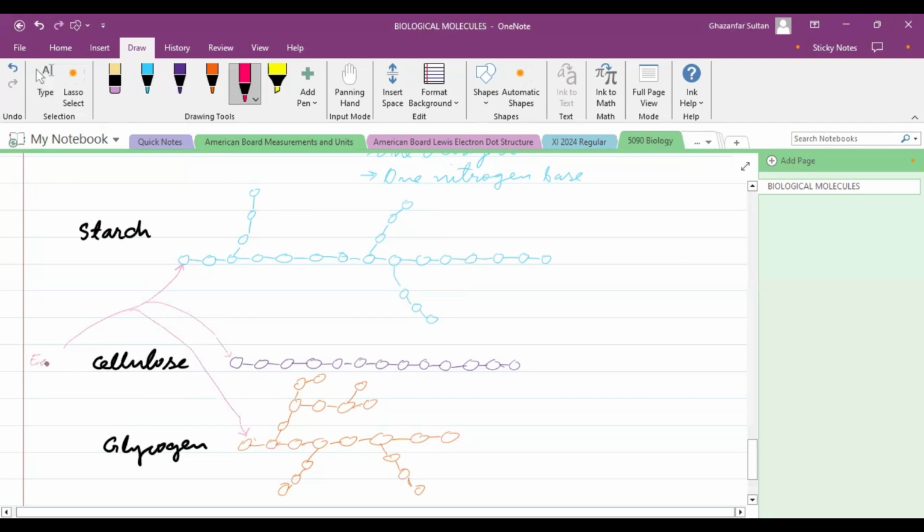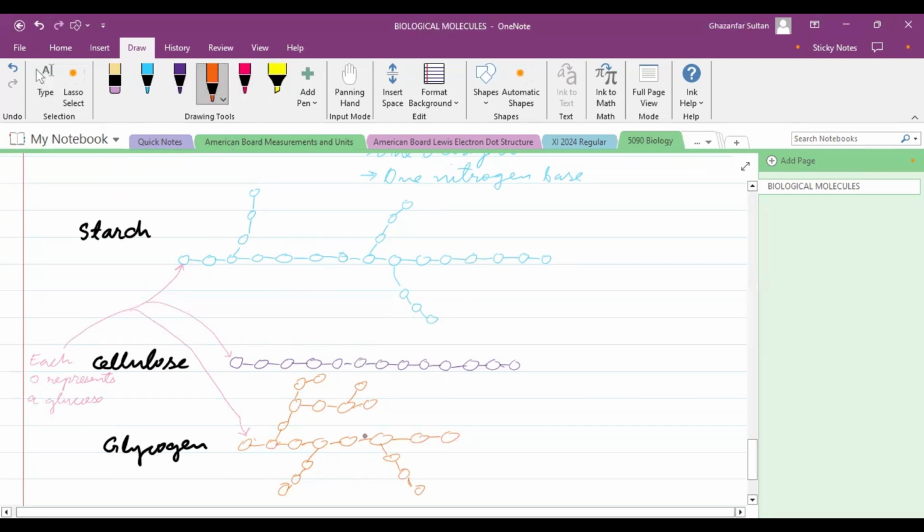Each circle here represents a glucose. Okay, so you can see a large number of sugar units are there in cellulose, starch, and glycogen.